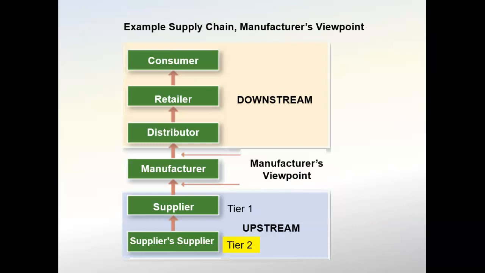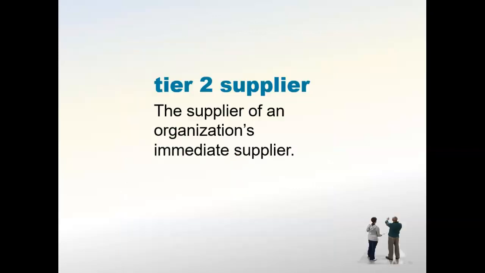These first-tier suppliers are then likely to rely on their own tier 1 suppliers, which become the tier 2 suppliers to the original organization. So for definition purposes, a tier 2 supplier is the supplier of an organization's immediate supplier.